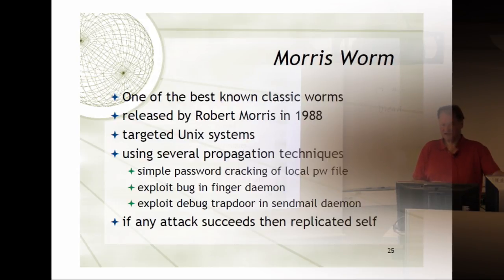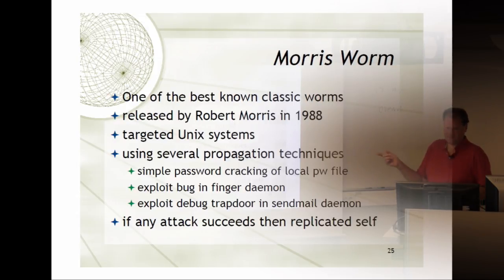So I can finger a Unix machine for the user root, for instance, and it will respond saying, yes, user root exists, real name is this one, it resides in this library, and so on. How much information is revealed is of course up to the administrator of that system, but it was a way to check who is on another system.